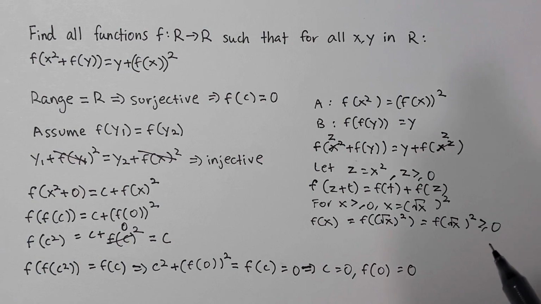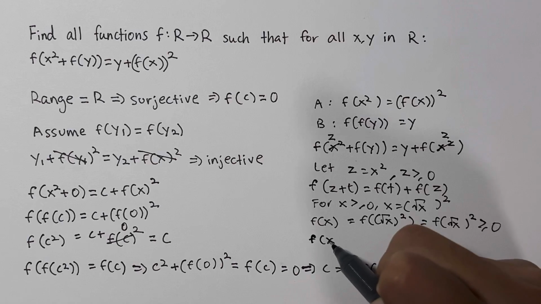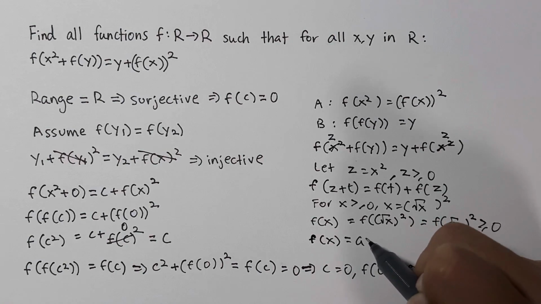This means that f maps non-negative numbers to non-negative numbers. A solution to Cauchy's equation with this property must be in the form f(x) equals ax for some constant a.